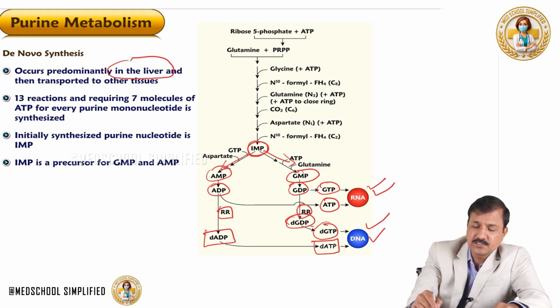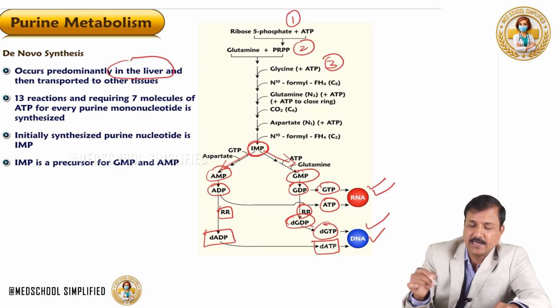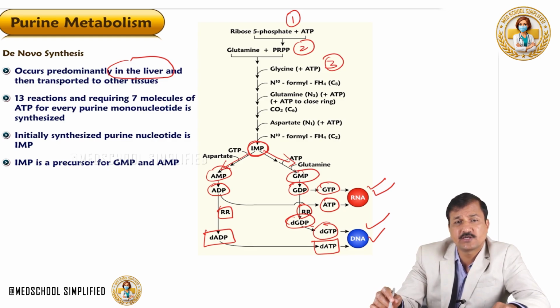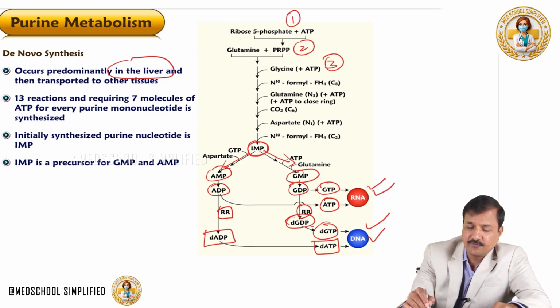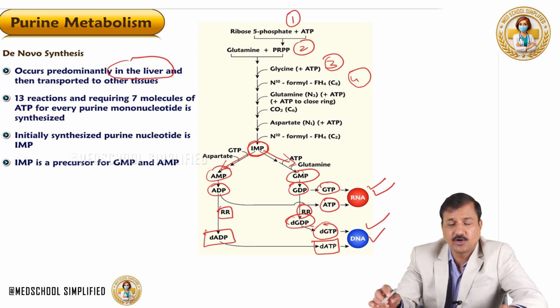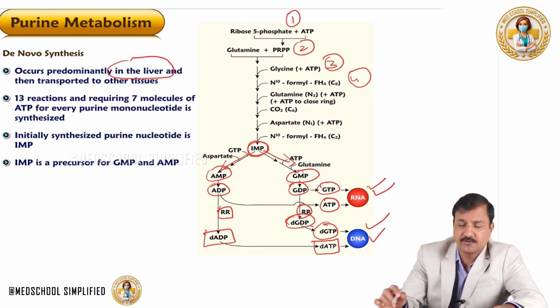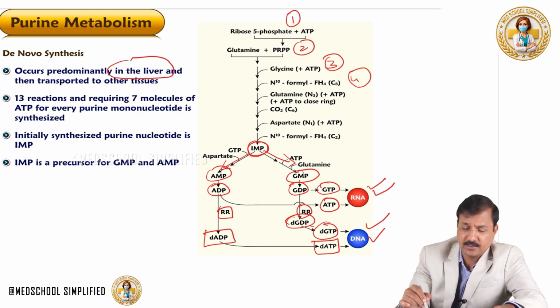As you see, let me just briefly take you through that. This is number 1 reaction. Number 2 reaction. In the number 3 reaction, glycine comes in, which will give C4, C5 and N7. Number 4 reaction, where N10-formyl tetrahydrofolate comes in and gives carbon 8 of the purine base.